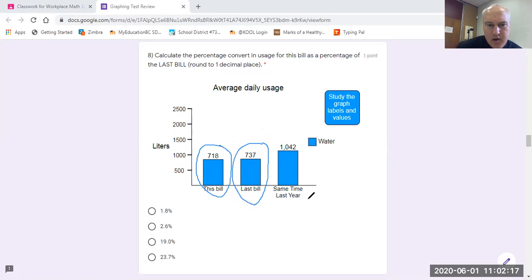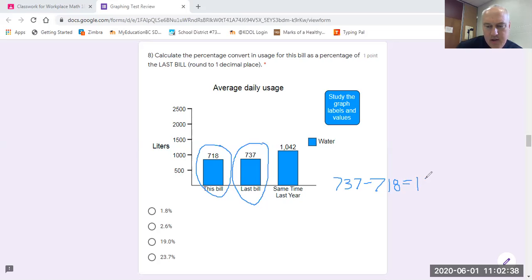So essentially what we're going to need to do is take a look at the difference. So we have 737, which was the last bill, right? And we're going to take the difference of that and 718. And the difference between those two is 19.